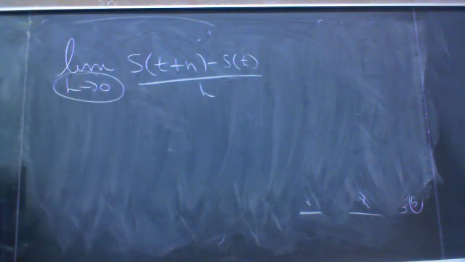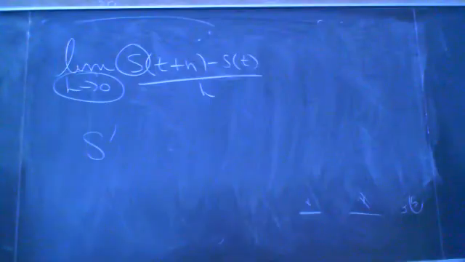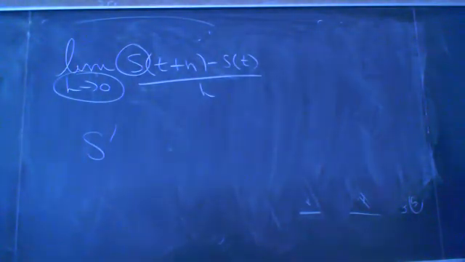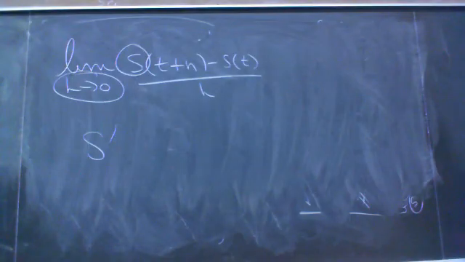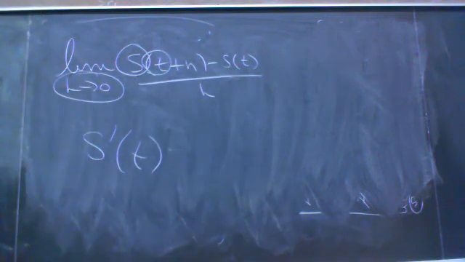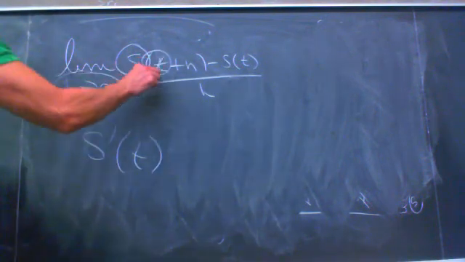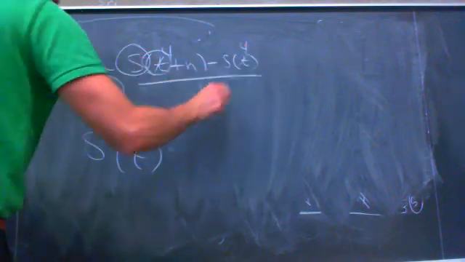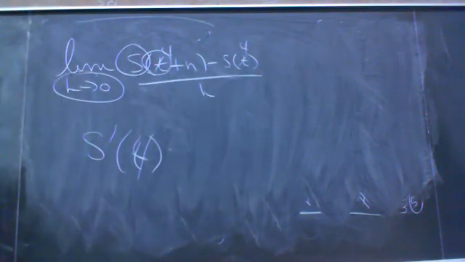So it's the definition of derivative. It's the derivative of s, which would be s prime. And it's the derivative of s at t. So that would be s prime of t. If this were a 4, then it would be s prime at 4.